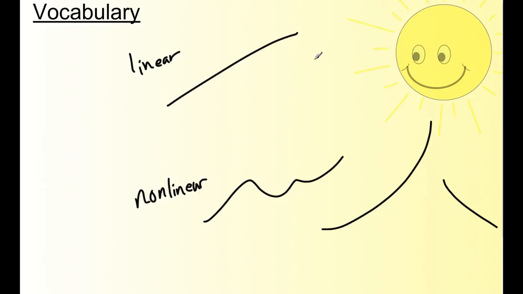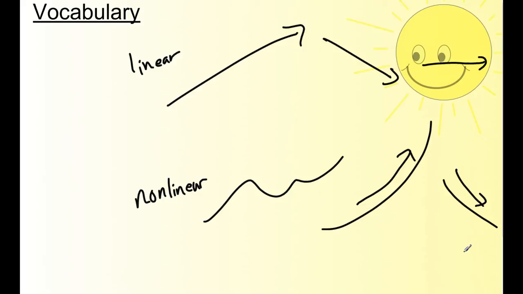So for linear, your choices are, it's either increasing or it's decreasing. It's either going up or down. That's it. Well, I guess you can have a zero function like that. For nonlinear, you have the same couple options. You have increasing like this guy, decreasing like that guy, or a combination where some places it's increasing and some places it's decreasing. And we'll check that out throughout the lesson.